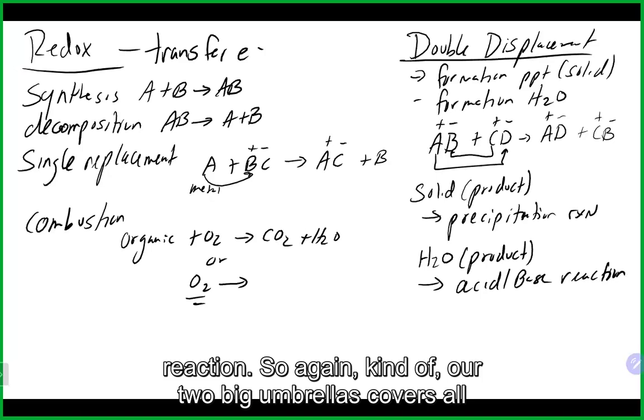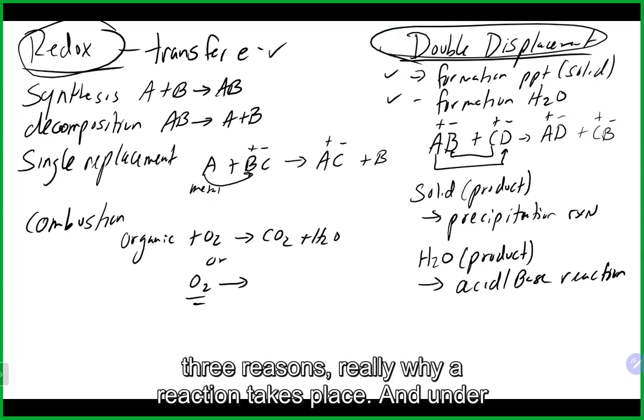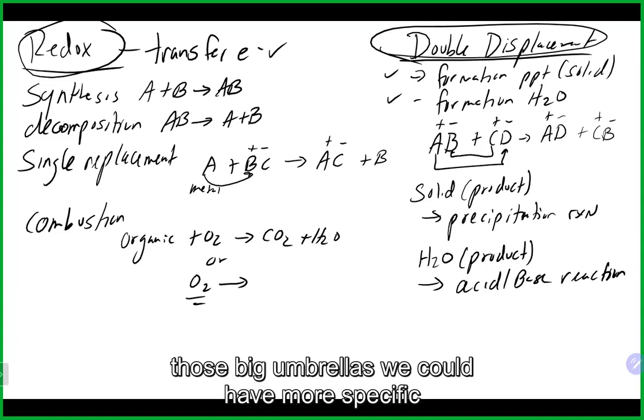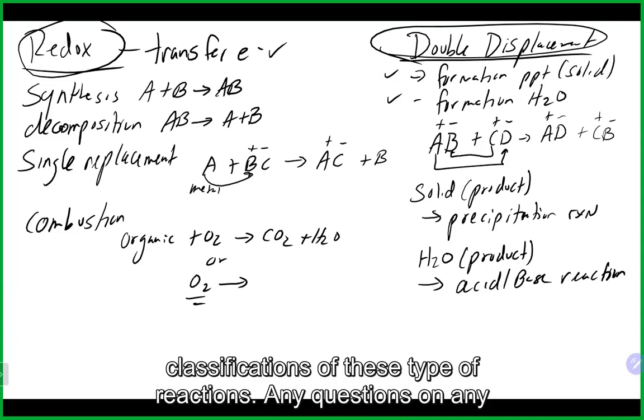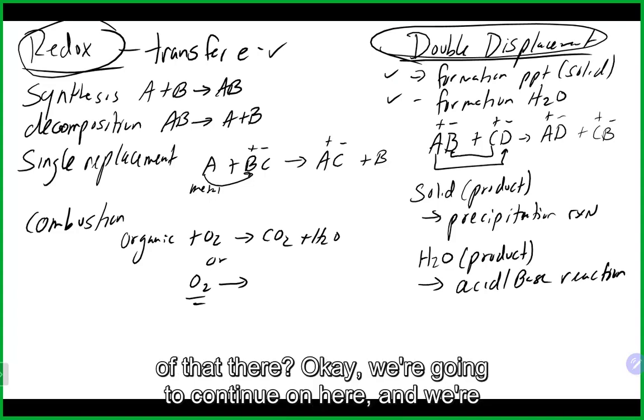So again, our two big umbrellas cover all three reasons why a reaction takes place. And under those big umbrellas, we could have more specific classifications of these types of reactions. Any questions on any of that there?